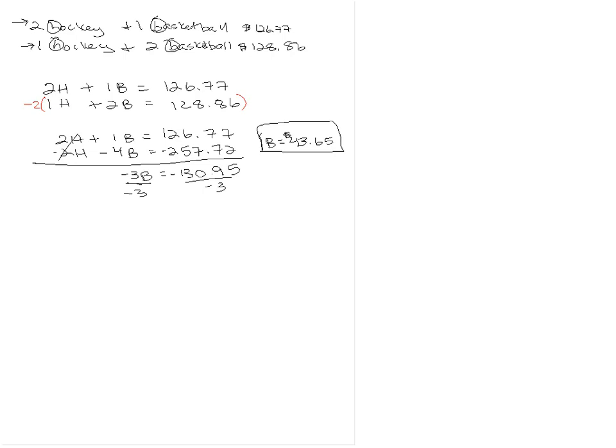Well, I go back up into either one. So I'm going to go back to the first one. 2 H's plus 1 B, which is $43.65, has to equal $126.77. So we subtract $43.65. And we get 2 H's equals 83.12.